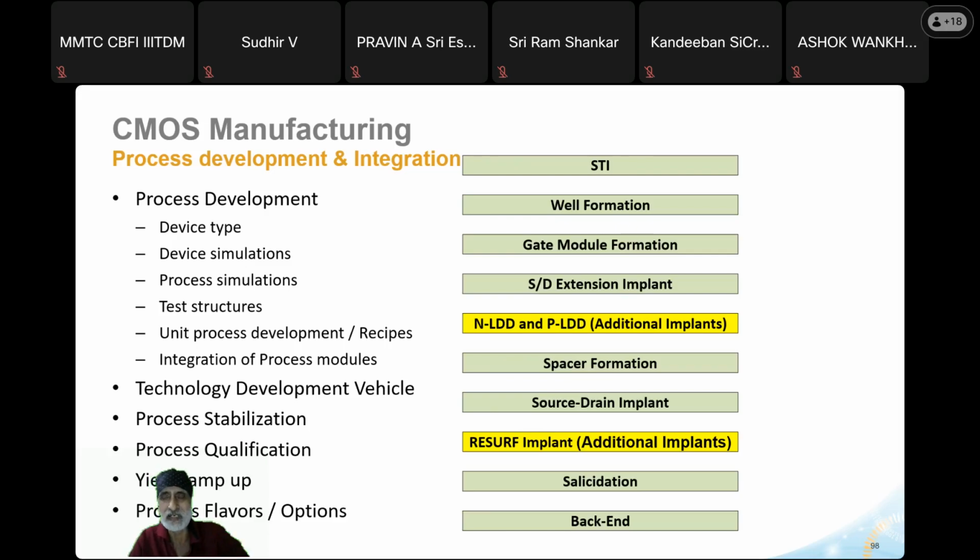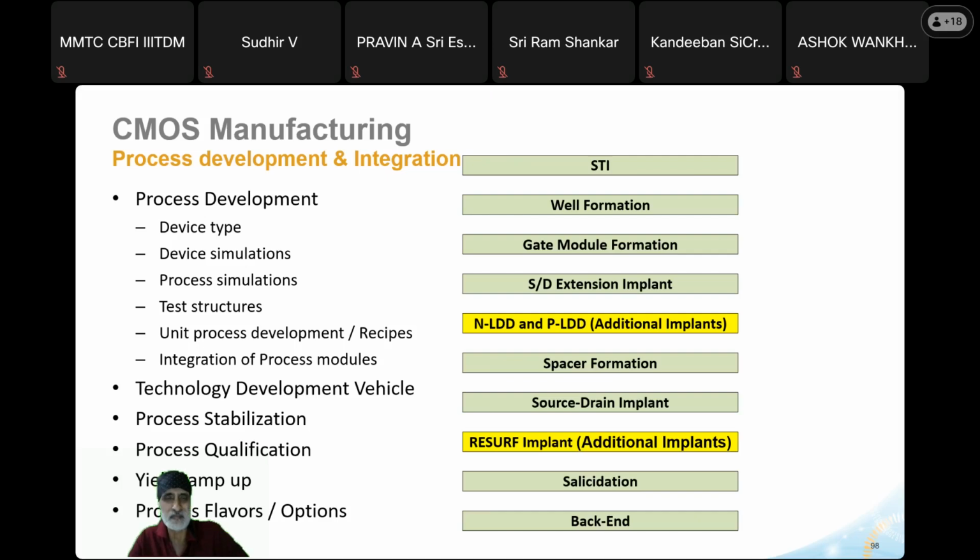And after each operation, the wafers are cleaned. And cleaning is also not that simple. They are cleaned by acid, by bases, then by pure water, ultra pure water. So there are a number of steps in the cleaning, and there are recipes for that. The reason is that it's a chemical reaction.